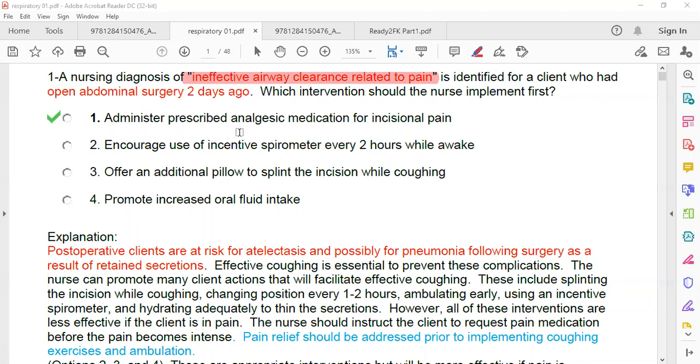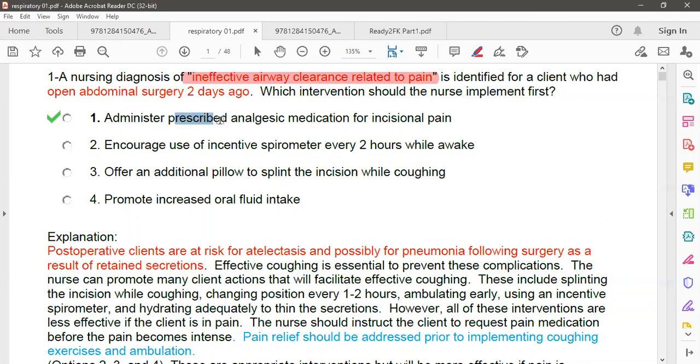Also, this is made easy because it says administer as prescribed. As an RN, that is our role, accountability and responsibility: we give medication as prescribed. So give them analgesic medication for incisional pain.